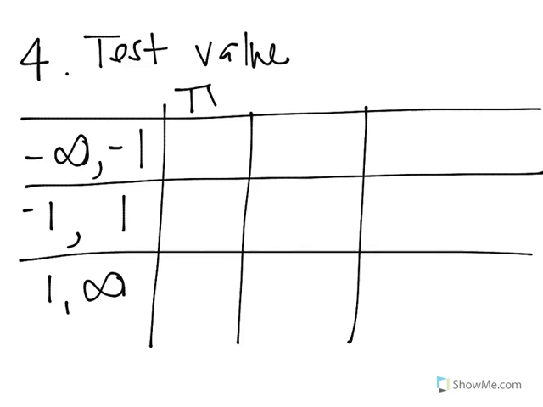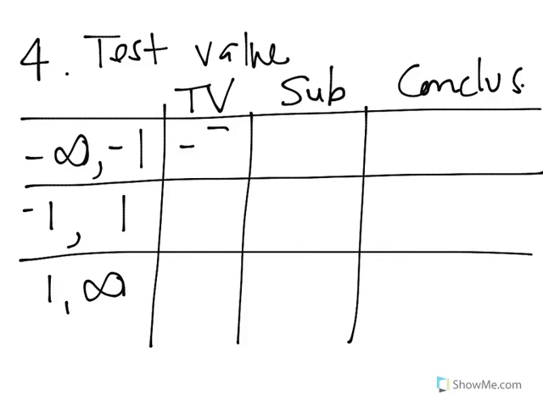Then our test value goes here. We'll substitute it in, and then we have our conclusion. Between negative infinity and negative 1, let's say a test value of negative 2. Between negative 1 and 1, make it real simple, 0, and between 1 and infinity, let's just say 2.